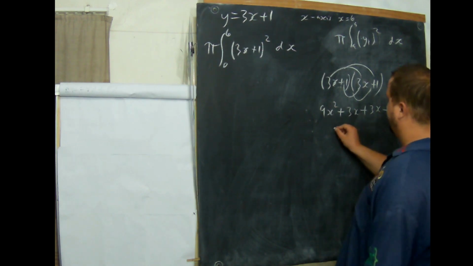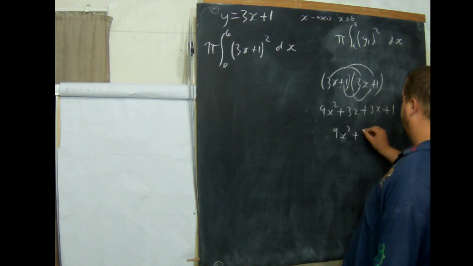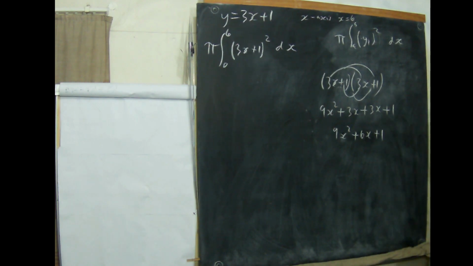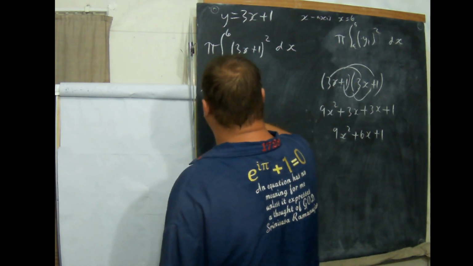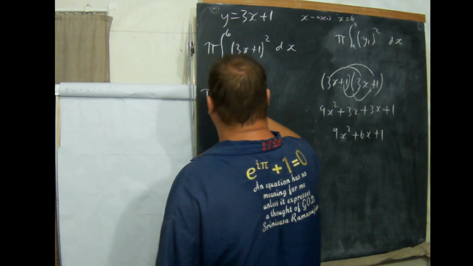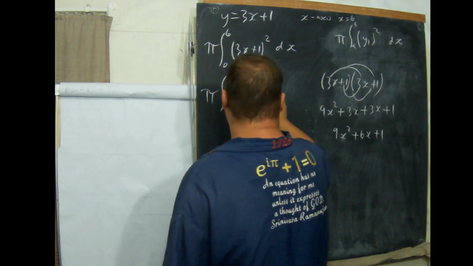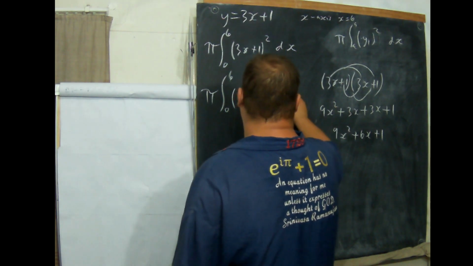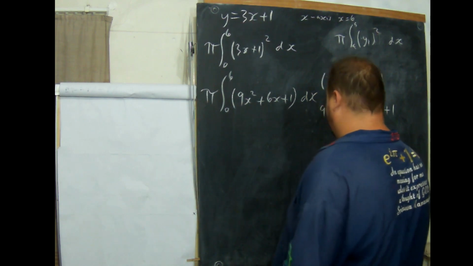Okay, so we've got 9x squared plus 6x plus 1. So our formula goes from 0 to 6 of 9x squared plus 6x plus 1 dx.